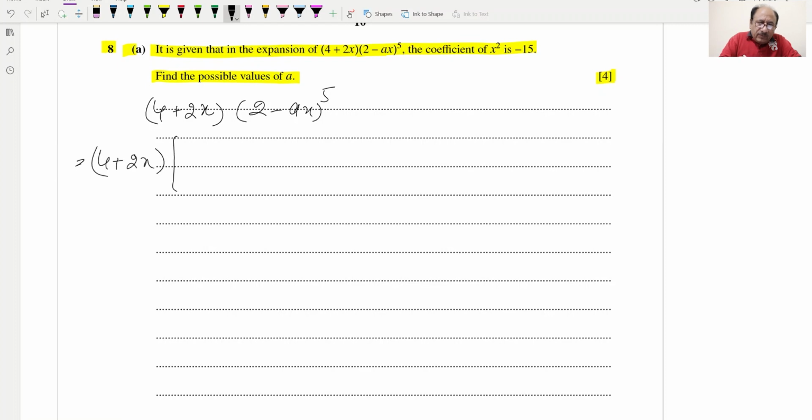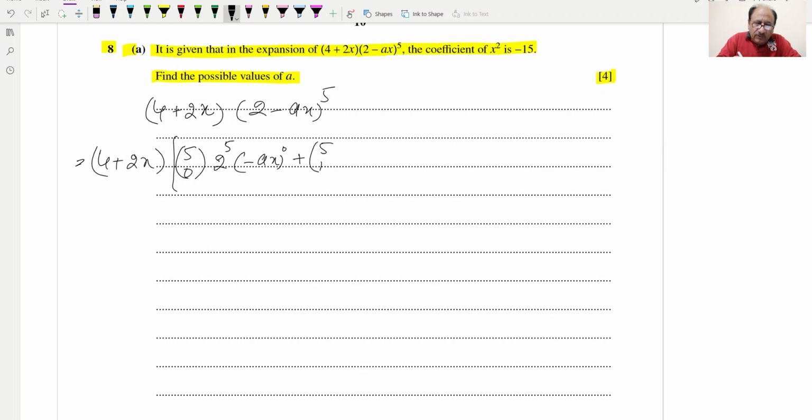Expansion of this portion we will be writing, and it will be 5c0 and 2 raised to the power 5. Well, you can directly also solve, but I'm explaining in this way so that you should understand properly.